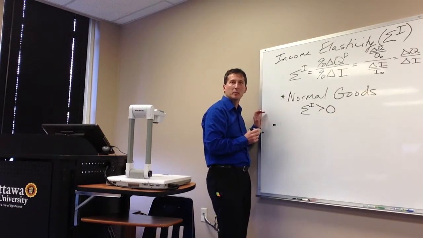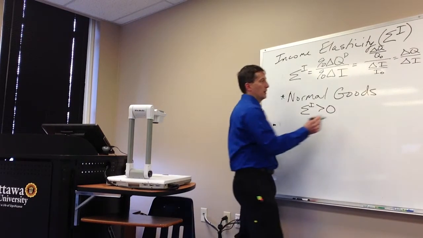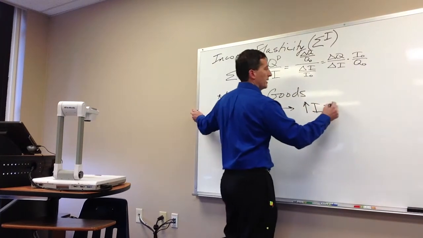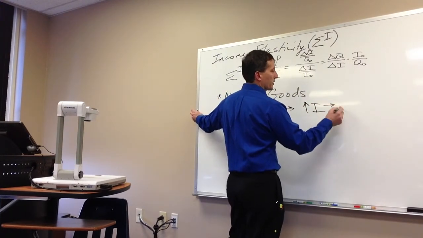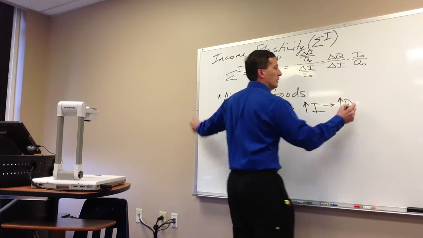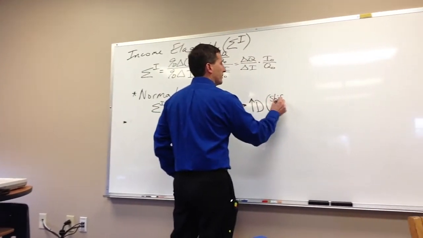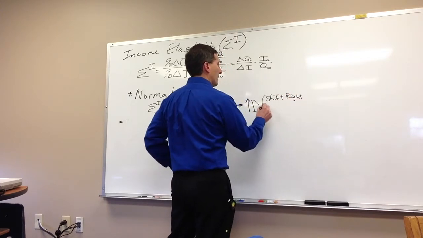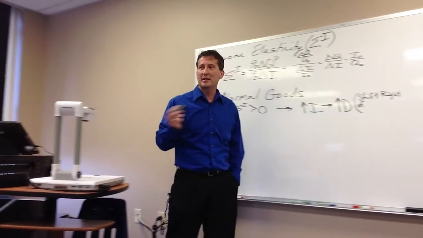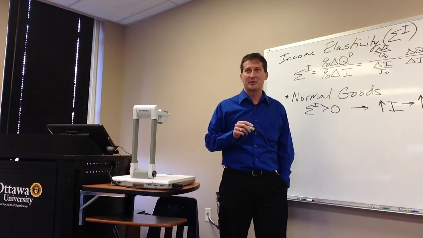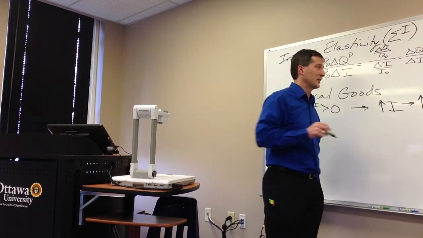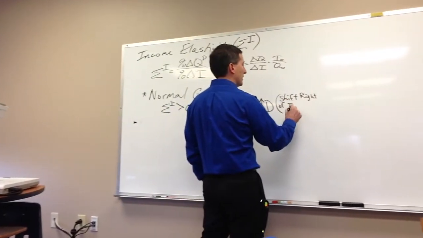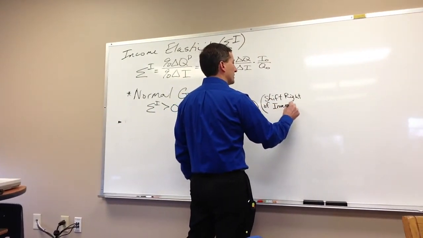It's a positive number. More simply put, if there's an increase in income, it leads to an increase in demand, which is a shift to the right of the regular demand curve or the inverse demand curve? Inverse demand curve. Technically, when we're looking at it this way, we're thinking about the inverse demand curve.